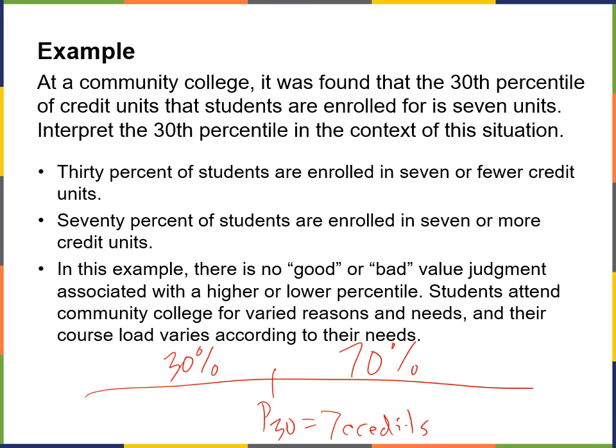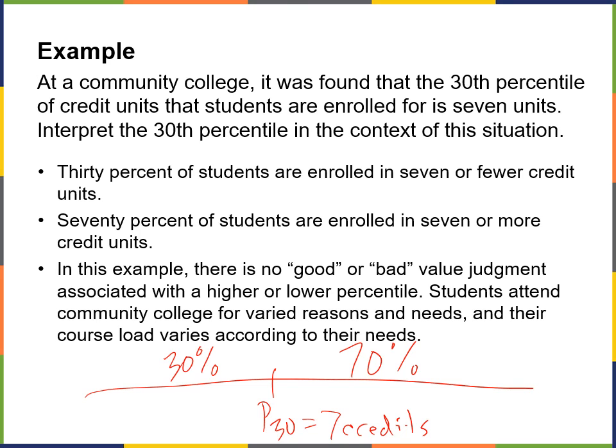So 30% of students have less than 7 credits in a given semester as their total number of credits, and 70% of students had more than 7 credits in a given semester.